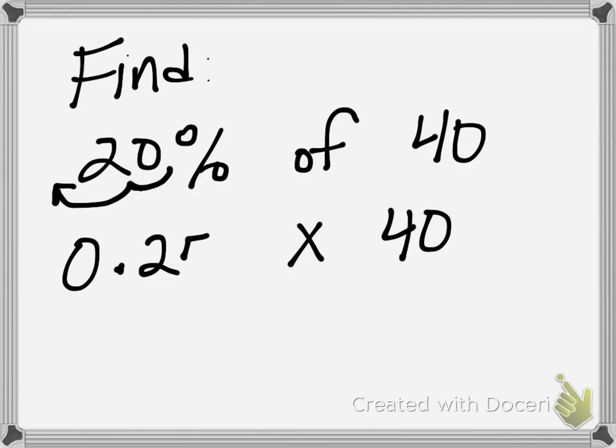So this is my new multiplication problem here, and this is 20 hundredths or 2 tenths, and I'm going to multiply that against 40, and that is 8. So 8 is 20% of the number 40.